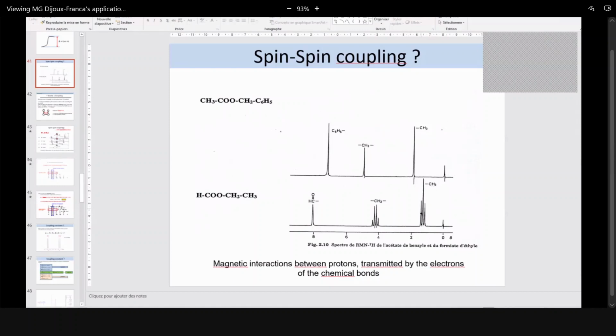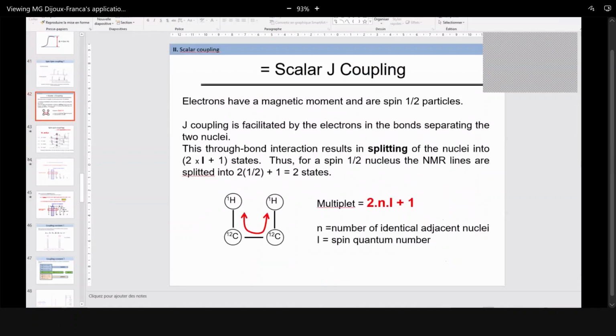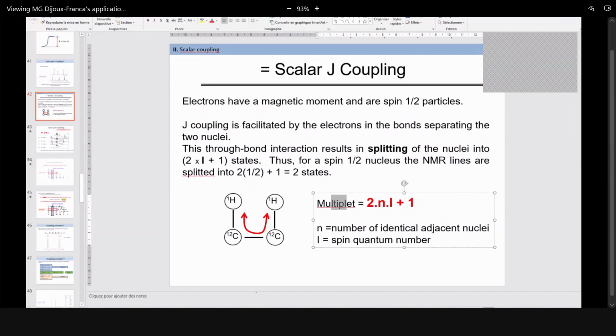So depending on the number of lines, we will be able to know how many protons there are on the carbon around this group of protons. We just saw the relationship between the multiplicity, that means the number of lines, and the number of protons in the neighborhood, what we call equivalent protons.